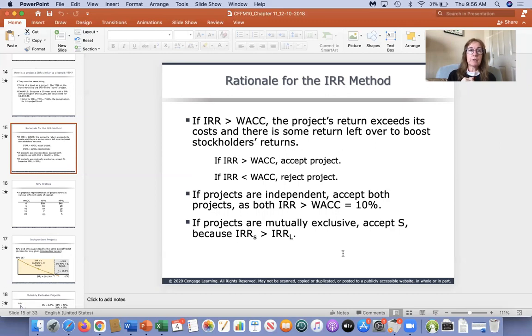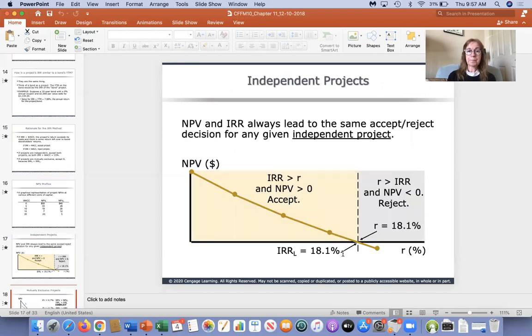Another reason for a conflict is if one project has the majority of its cash flows at the beginning and the other has the majority at the end. If you have a conflict, you always default back to the net present value. That's the better method. So that's basically what they're saying in this section.